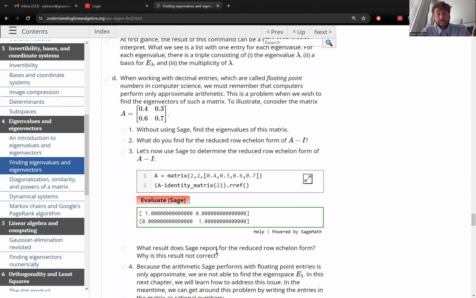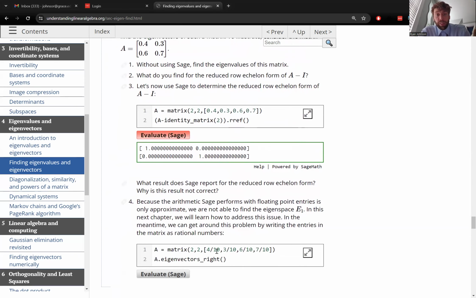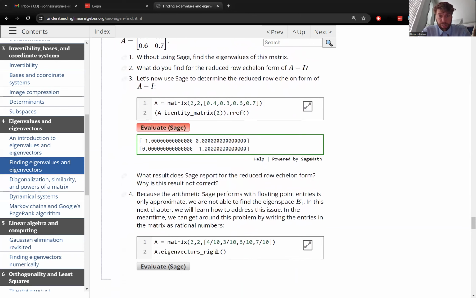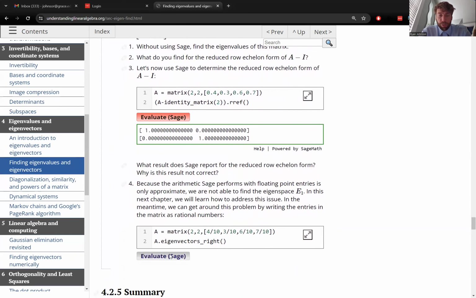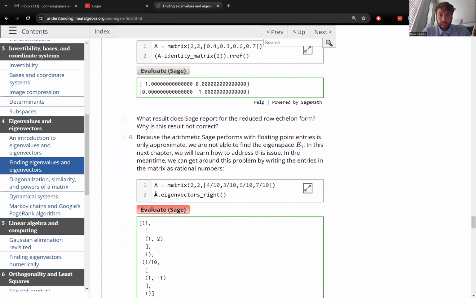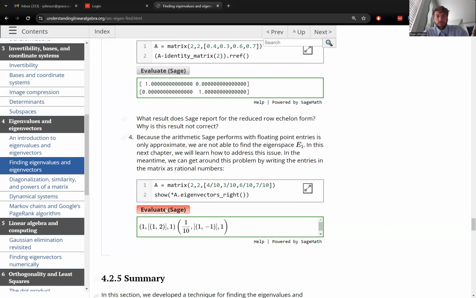So you can't just use the computer step by step like you would by hand. There are other things the computer has to do to avoid this situation, so you want to use the built-in Sage functions. For instance, .eigenvectors_right will give you that. Let's do the show again, with the star. In this case, we get two eigenspaces. The first has eigenvalue 1 with the basis vector 1, 2, multiplicity 1.